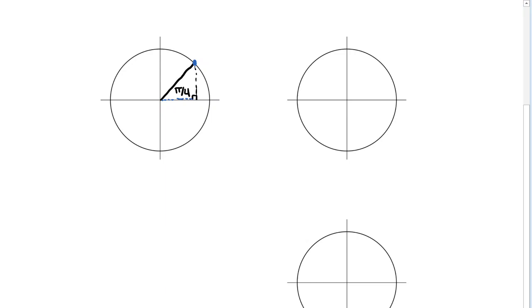Again, thinking of the unit circle, it has an x-coordinate of the square root of 2 over 2. Now if I think of negative pi over 4, well, cosine of this angle is this distance here. And again, we get the square root of 2 over 2.